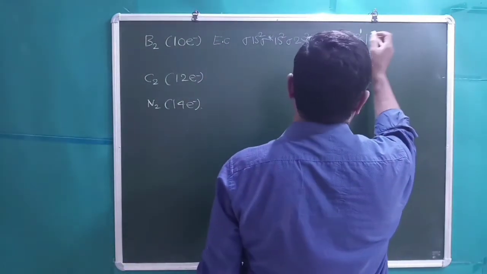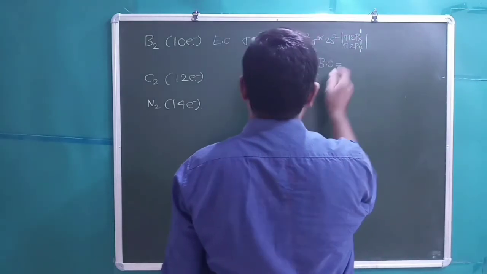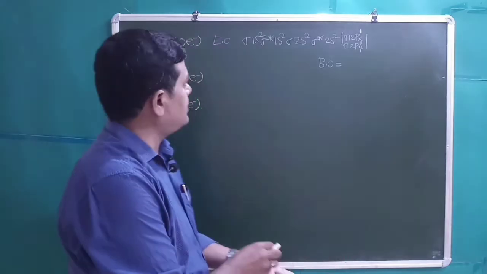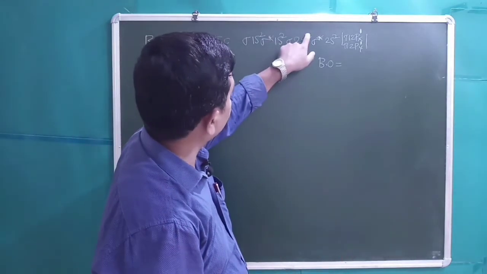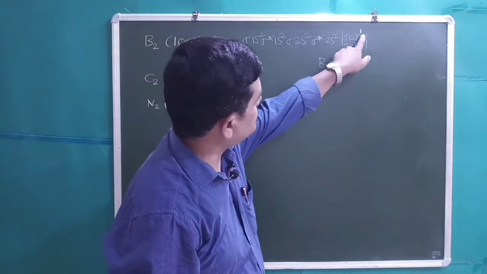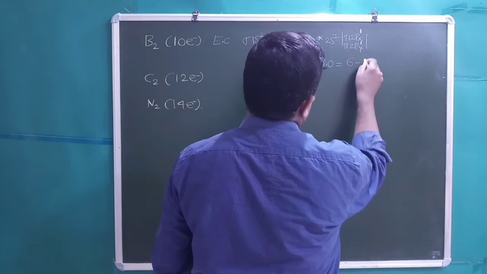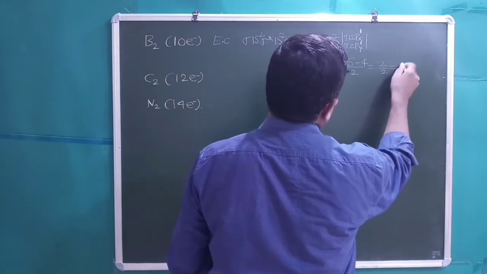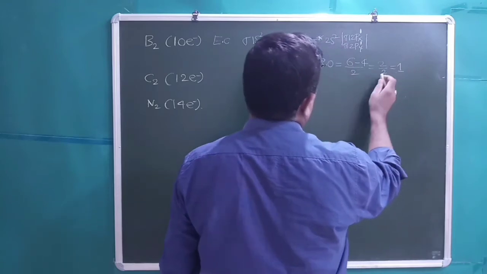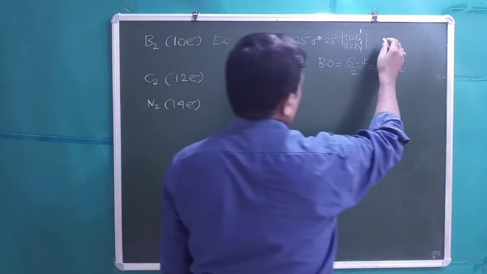So for this B2 molecule, bond order is equal to number of electrons in the bonding molecular orbitals, 2 plus 2 is 4, 4 plus 2 is 6, minus 4, divided by 2. 2 by 2 is equal to 1. Bond order is 1 and it has 2 unpaired electrons.